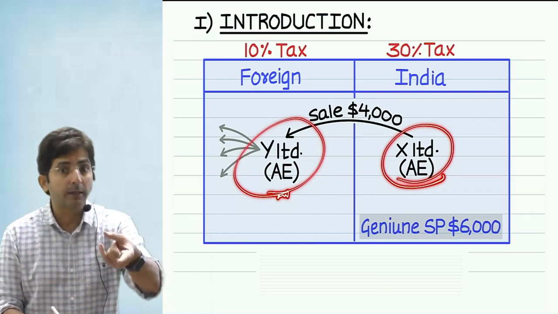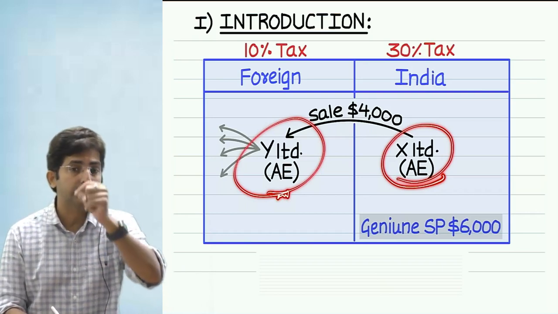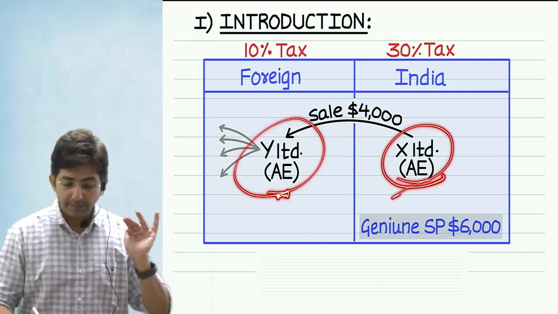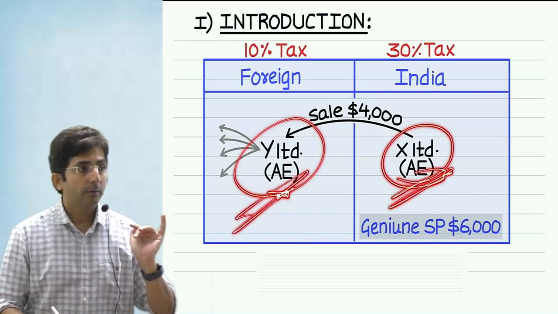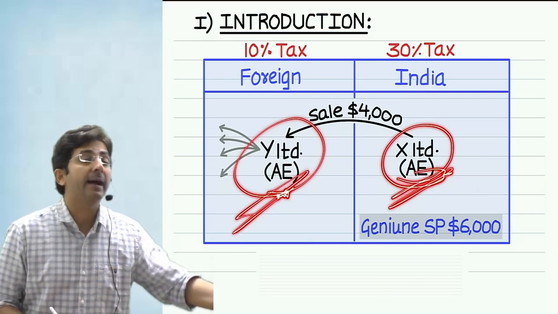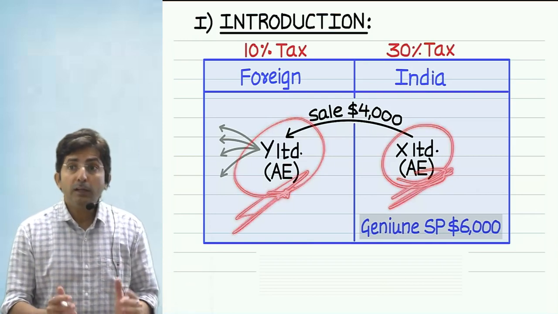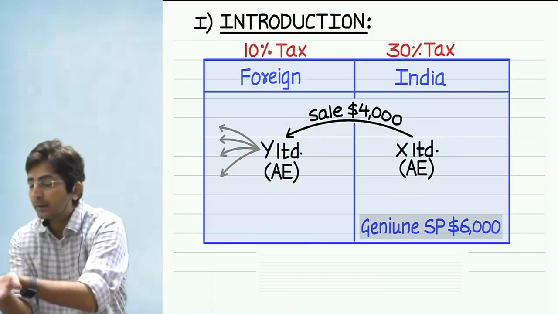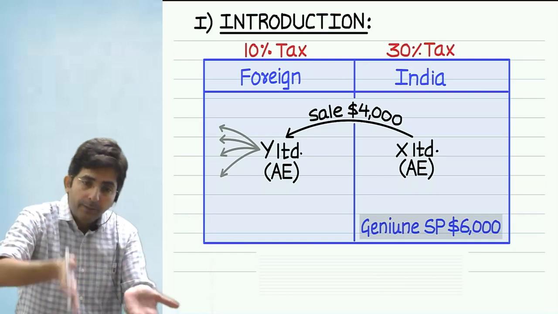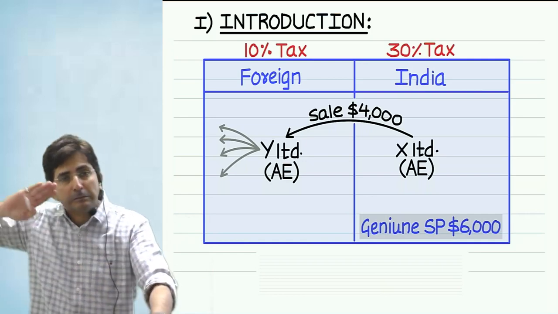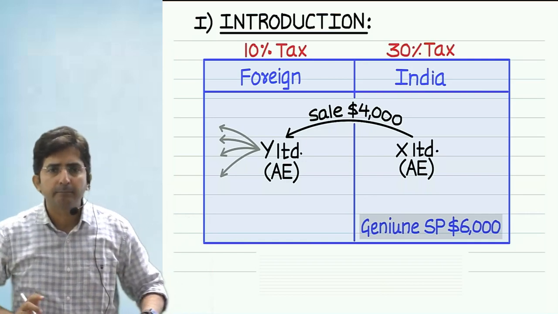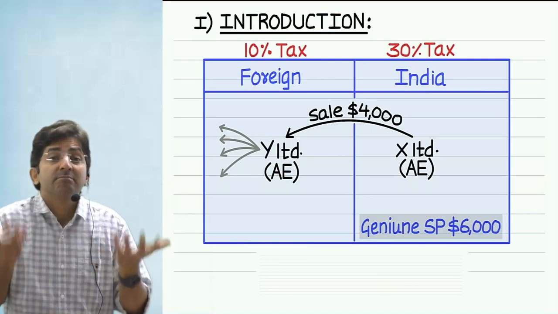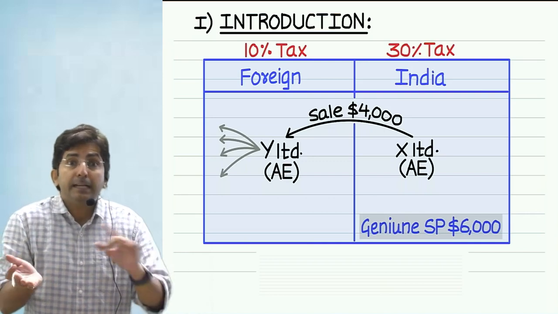There is one more condition to blame the assessee, that it should be an international transaction, meaning one in India, one in a foreign country. Tell me why it should be an international transaction. Because only if there is an international transaction can we see the profit shifting from one country to another country. And the topic is mainly about what? To slap down profit shifting. And that profit shifting can be seen when it is an international transaction.